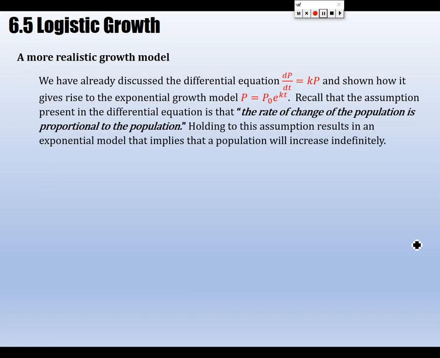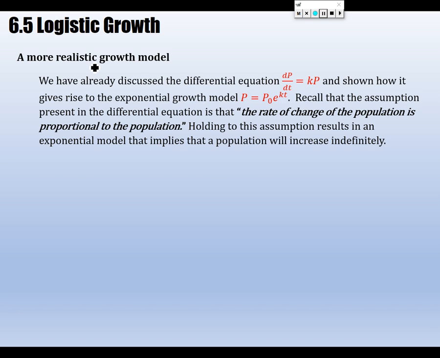We said if you have a population that is growing in proportion to its current size, that's exponential. But that's perhaps not the most realistic assumption at all times. There may be something else that we want to have some proportionality to as well.